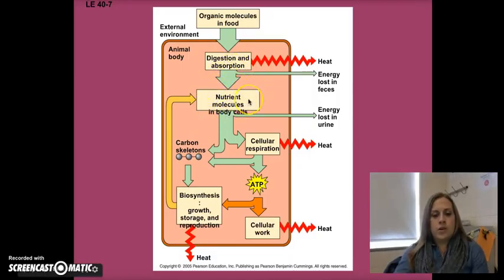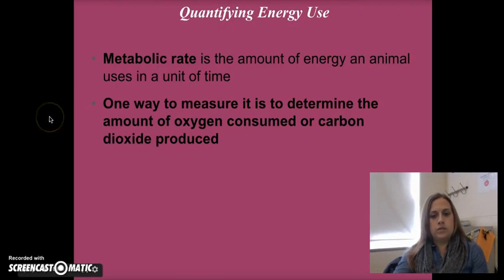They can then be used in body cells, so they will be used for things like cellular respiration to produce ATP. You can use the carbon skeletons. You can go through cellular respiration to produce ATP for energy for cellular work, or for energy for things like biosynthesis, growth, storage, and reproduction. But keep in mind, along every single step of the way, you're going to lose energy as heat, or you can also lose energy to things like feces and urine.